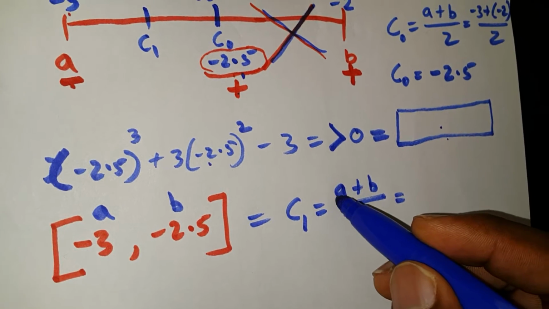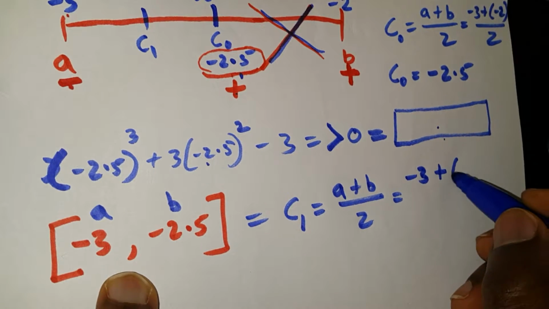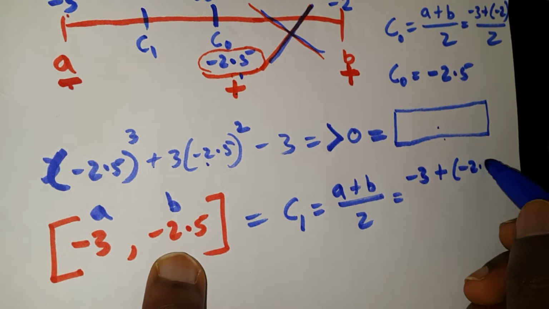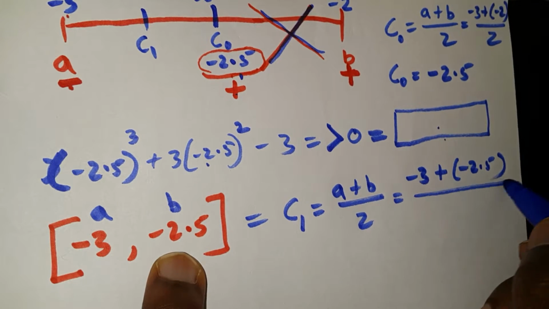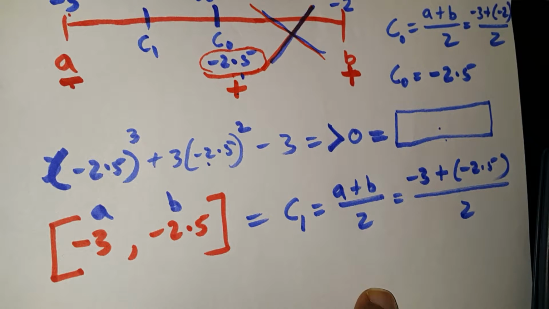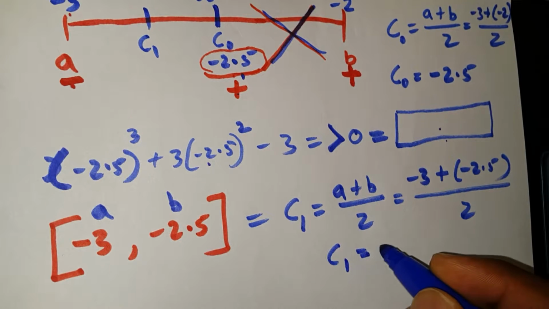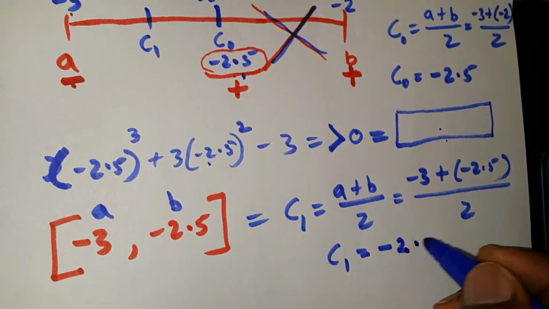Which means our A now is minus 3 plus minus 2.5, all over 2. It will give us, so our C1 is equal to minus 2.75.